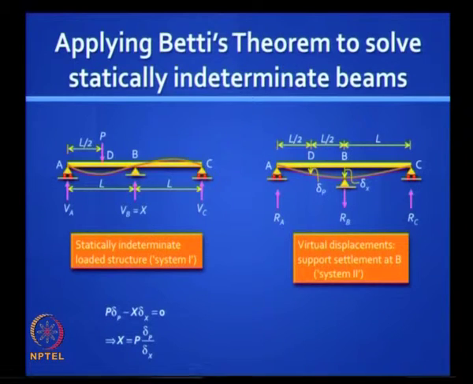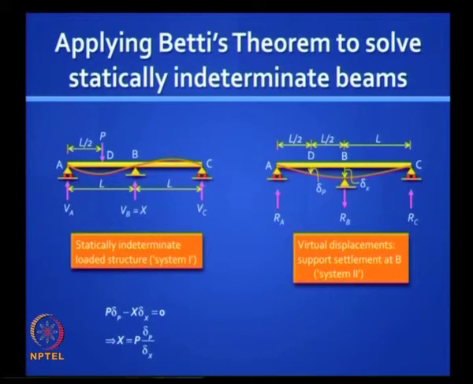Now you take the external virtual work caused by the forces in the second system with the displacement in the first system, and you will find that that product is 0, because there are only 3 forces here, RA, RB, RC, but they refer to supports in system 1 and none of the supports are moving.